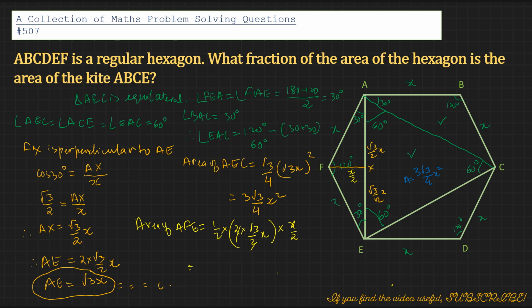So we get that's √3 out of 4 x squared. So the area of triangle ABC equals √3 out of 4 x squared.